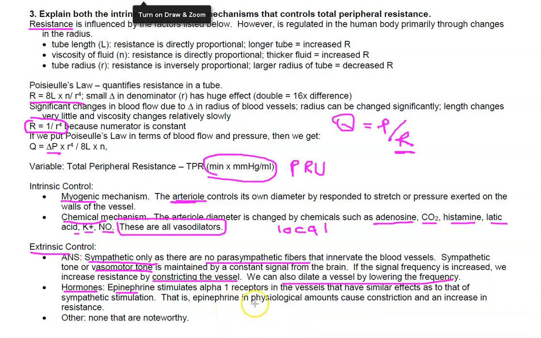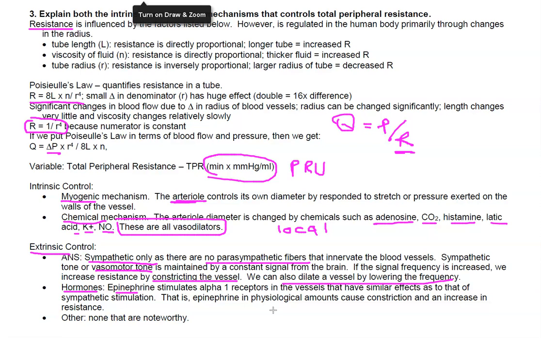In addition, hormones like oxytocin or antidiuretic hormone, which is also known as vasopressin, and angiotensin 2 also cause an increase in the constriction of blood vessels. So those are also constrictors.